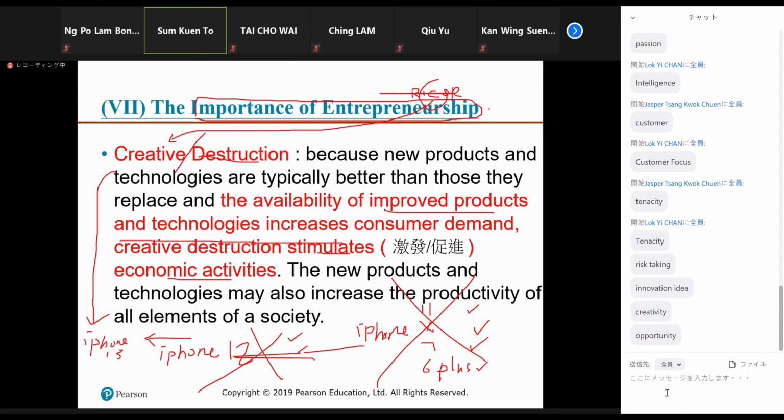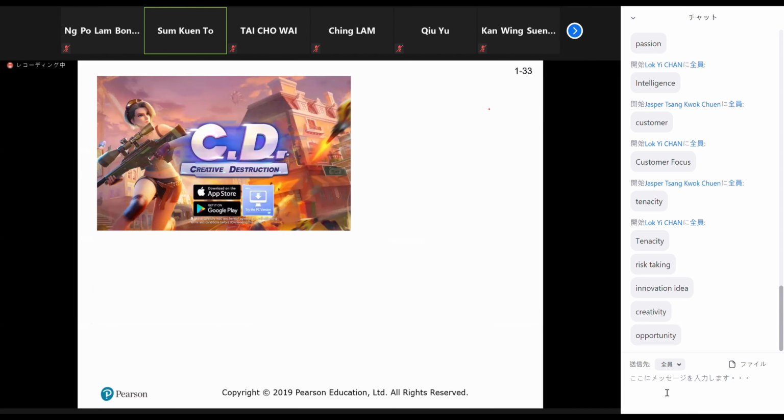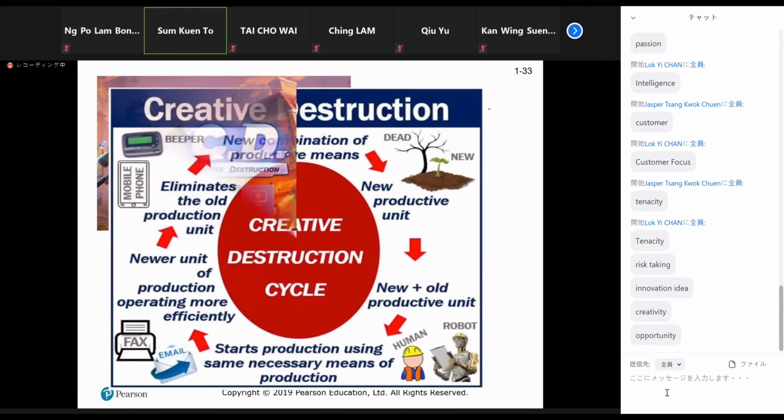Okay, so as far as creative destruction is concerned, you are being creative, but you are destroying something at the same time, right? Here is a very typical traditional example. Thousands of years ago, I was studying overseas. At that time, we didn't have advanced technology.